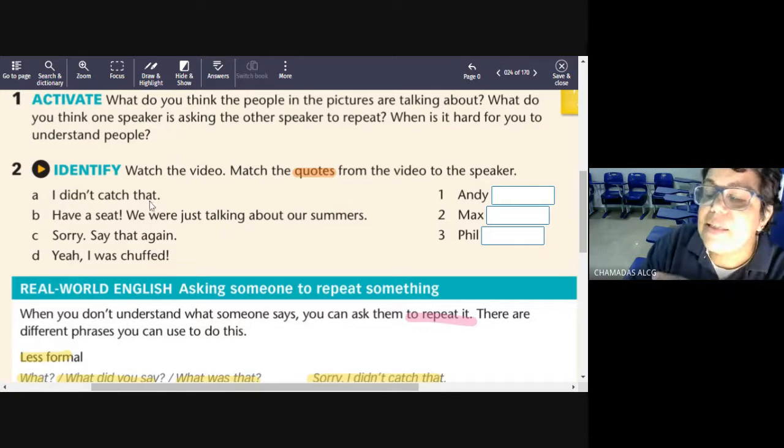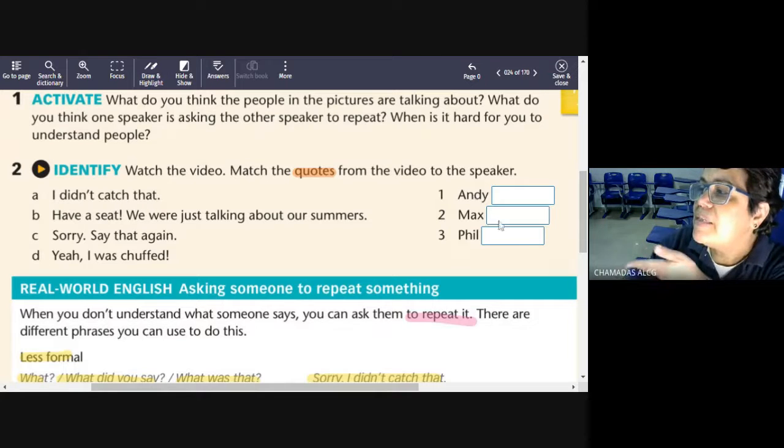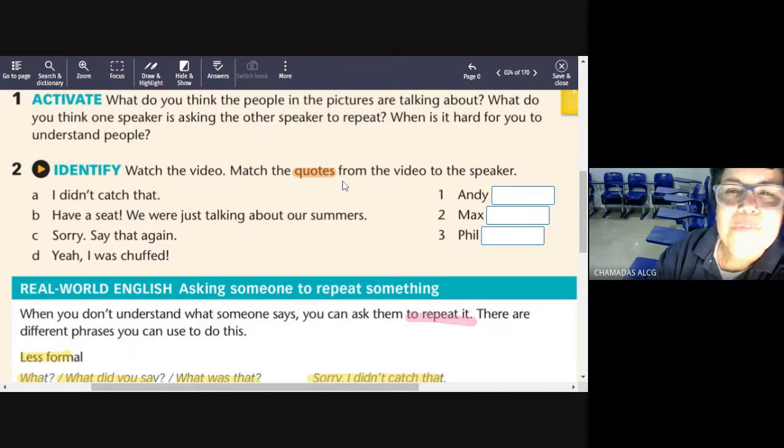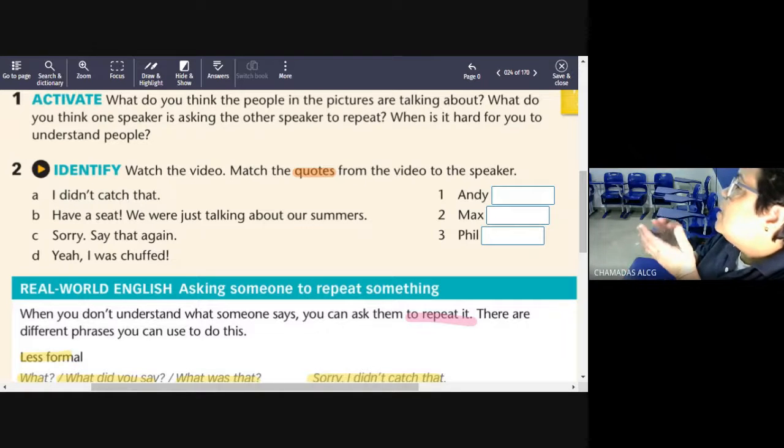This sentence was mentioned by someone in the video. Who said that? So this is considered a quote. Okay? Yes, a quote is when we reproduce, either speaking or writing, what someone said.